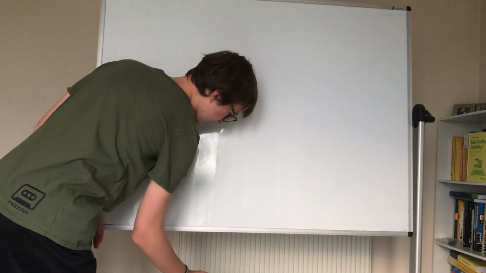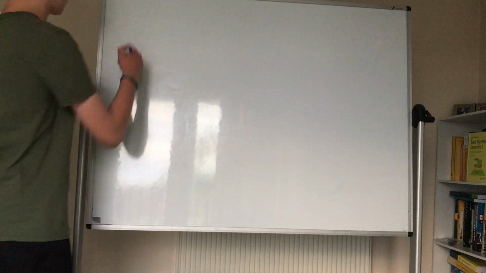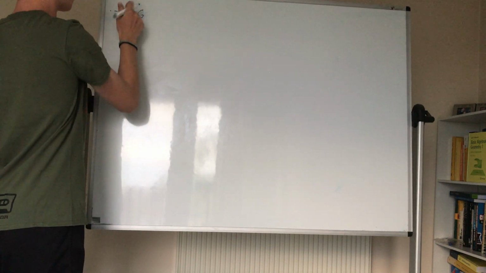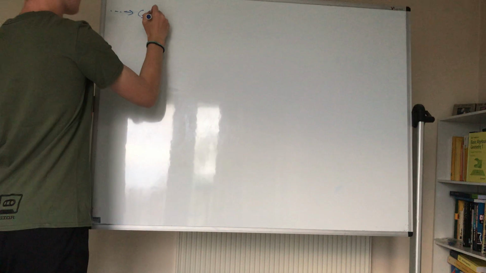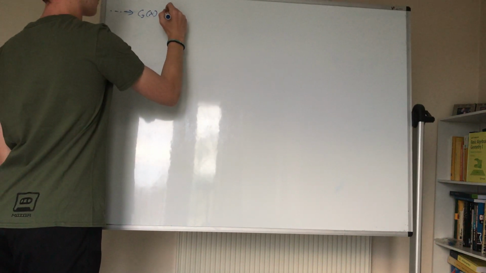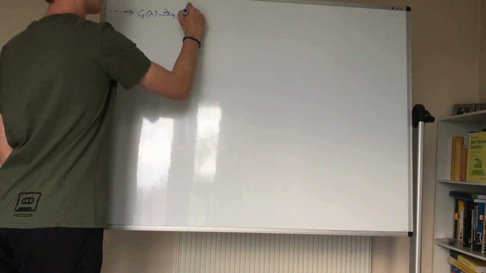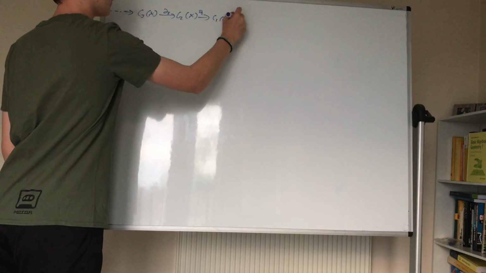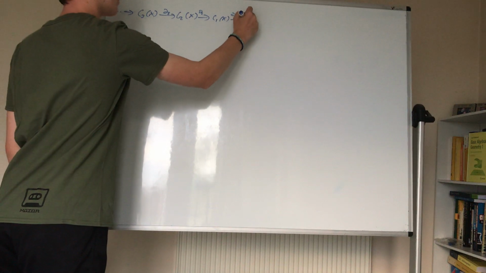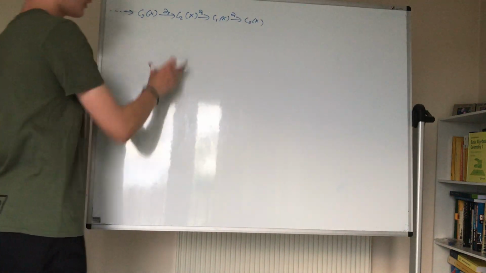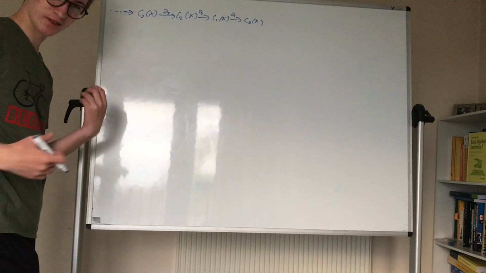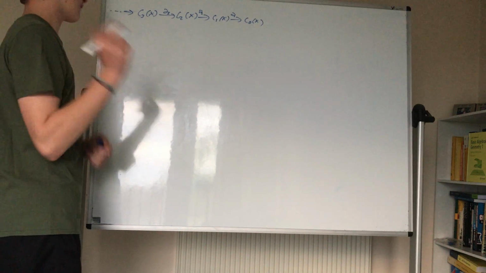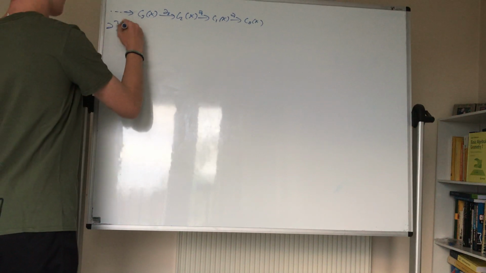Because what we've actually done is we've created a chain of groups that looks like this: C3 of x maps by partial 3 to C2 of x, this maps by partial 2 to C1 of x, and this maps by partial 1 to C0 of x. And we've created a chain complex, so to speak, such that partial squared is equal to 0.